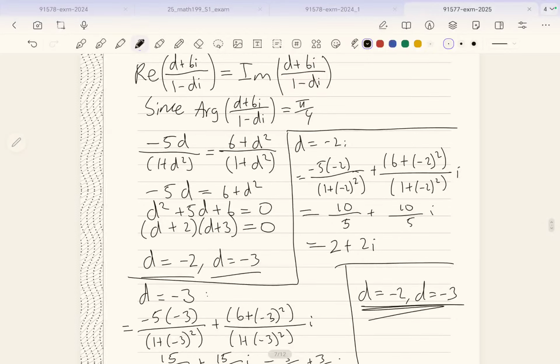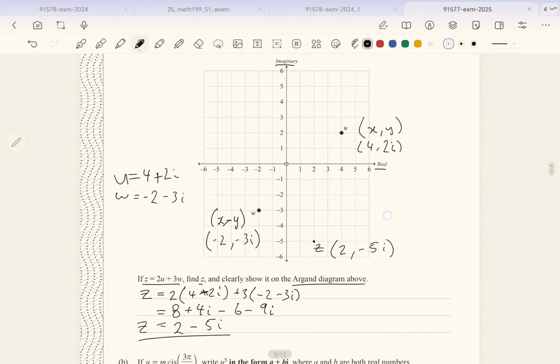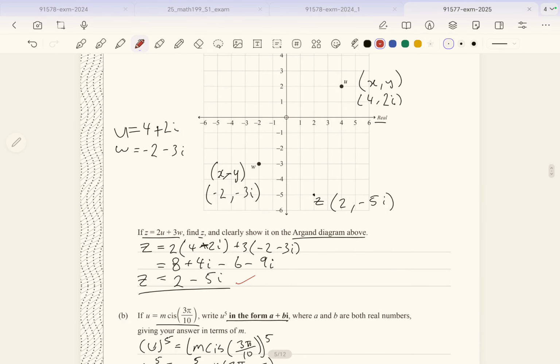In terms of the grade, going to the start, finding the correct z-value and also putting it on to the Argand diagram will give you your achieved tick.